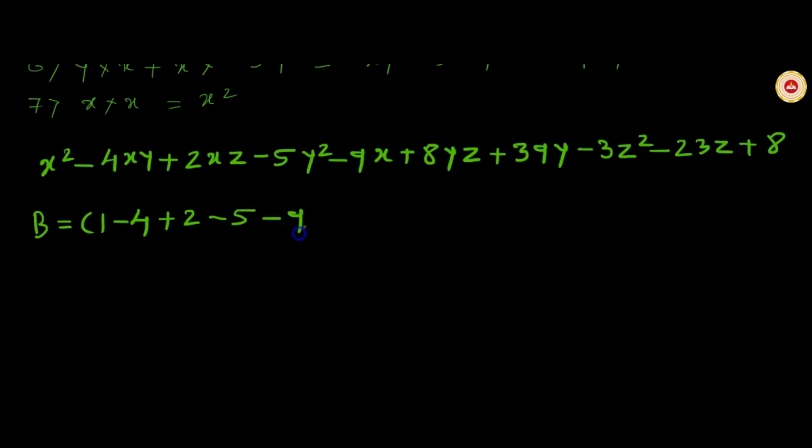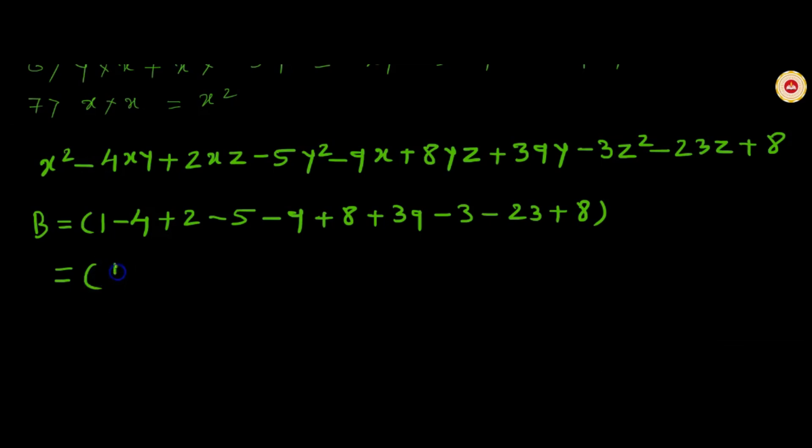So minus 9 plus 8 plus 39 minus 3 minus 23 plus 8 is equal to, let us calculate the Bijank. First of all, let us convert these 2-digit numbers into a single digit by adding the 2 digits.